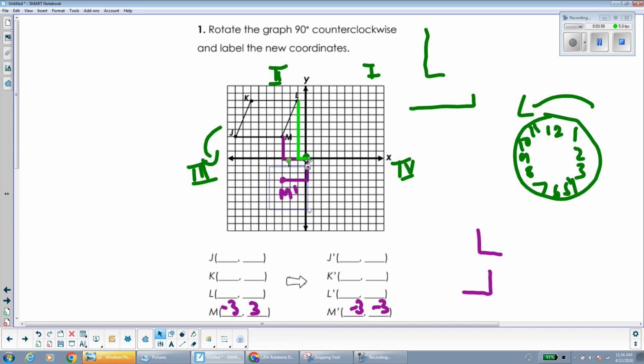So 1 and 8. And this is our point L prime. The original point L was negative 1, 8. And now the rotated point is negative 8, negative 1.